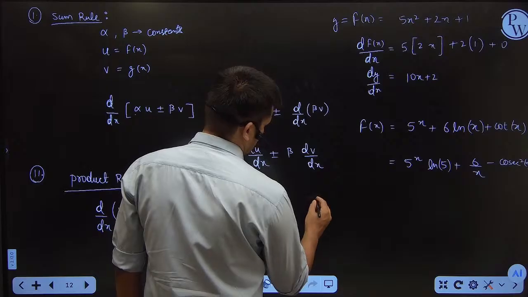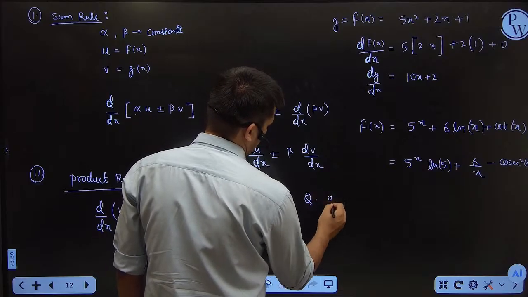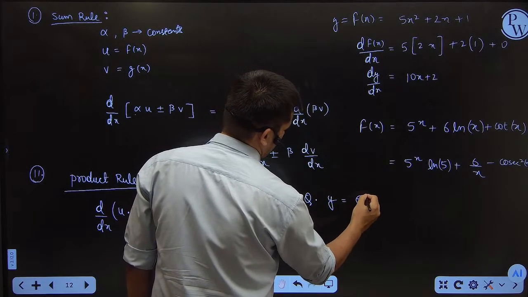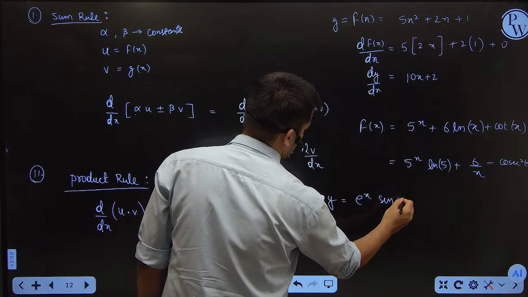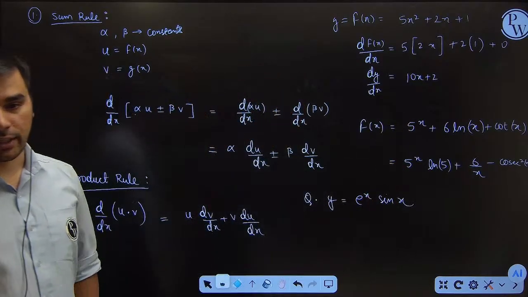For example, let's say if I have a question like this, y is equal to e to the power of x sine of x. Okay, product of two functions are given. Tell me the answer for this.